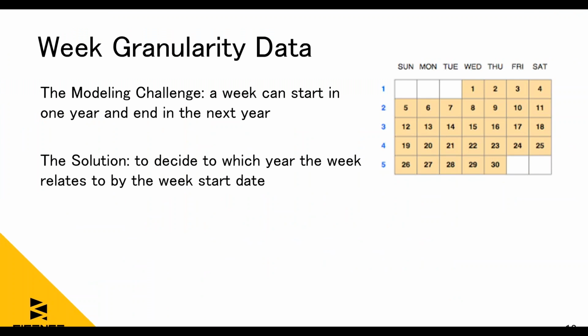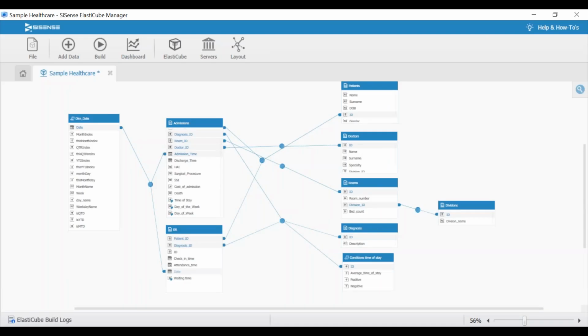One of the questions is: to create the date dimension, do you just union the contributing date fields? The answer is yes. The first thing we do in the date dimension is union all the dates together. As we said, we union all the dates within the Elastic Cube into one, but I choose one date to be the leading date to connect into it. In the admissions table, for example, the leading date is admissions.